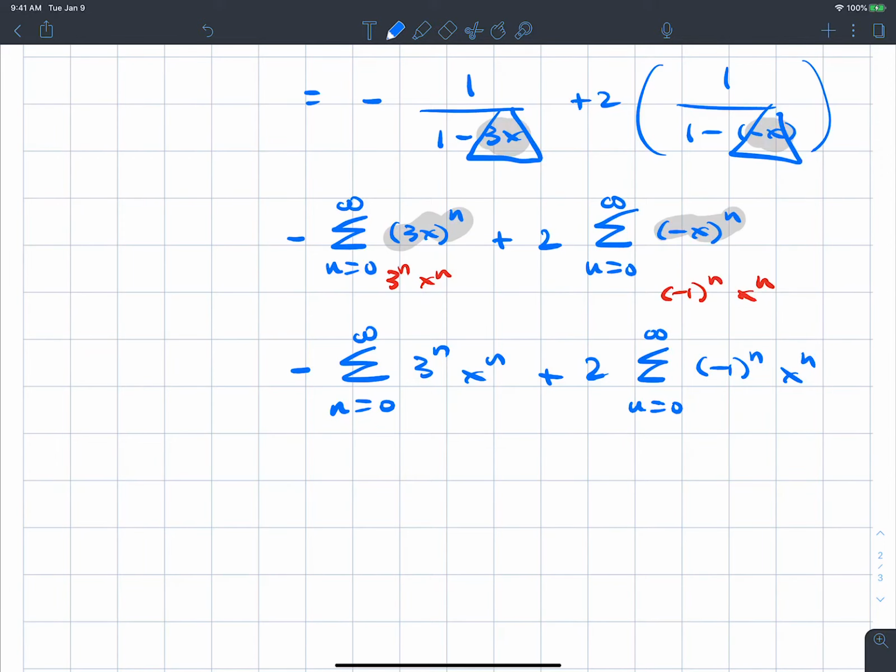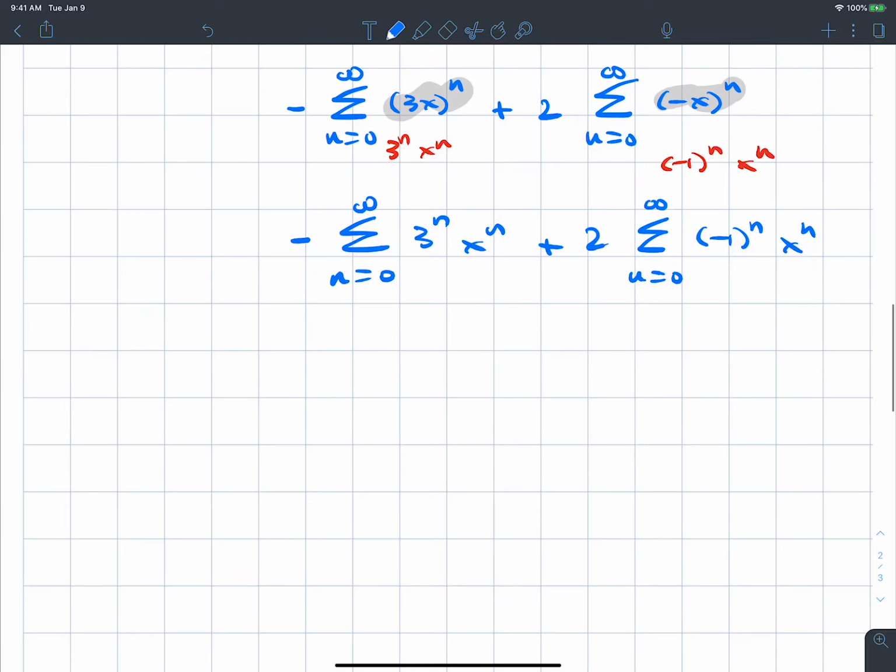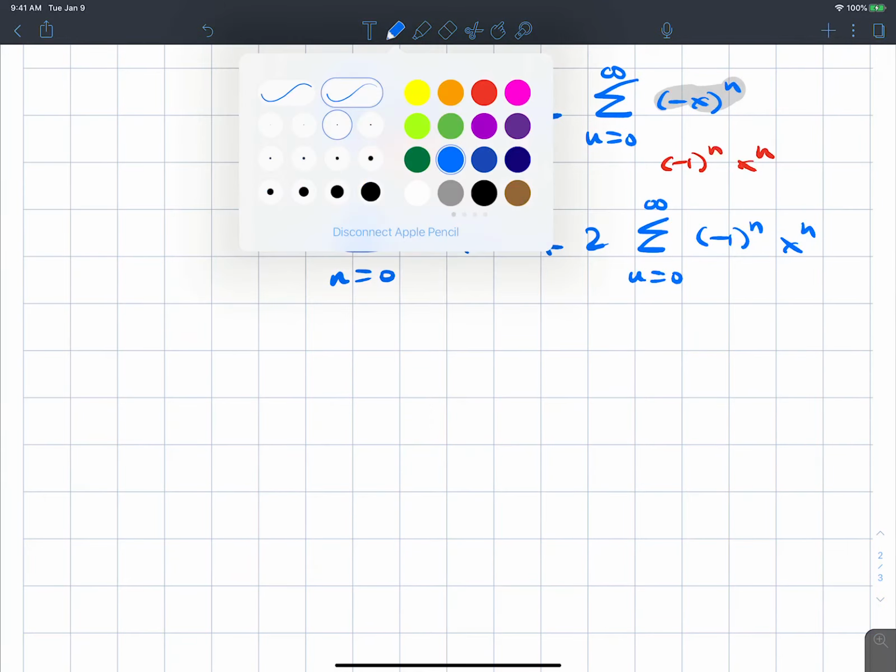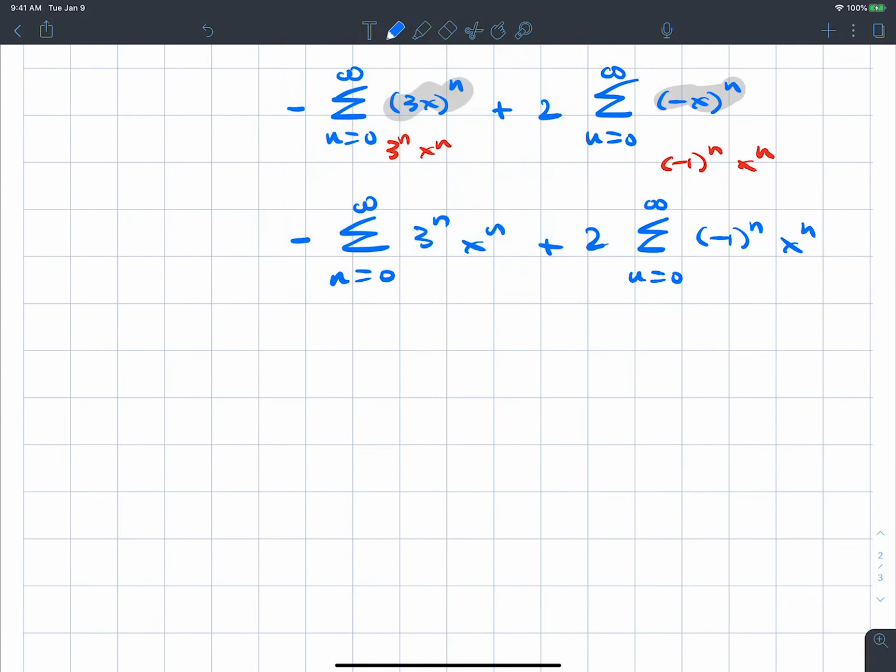Okay. Now, all we're going to do is use properties of summation. And I'm going to rewrite this as the positive 2. I'm going to rewrite these terms. You guys are going to see what I want to do with this. So this is the summation of 2(-1)^n x^n, n is 0 to infinity, minus the summation of 3^n x^n, where n is 0 to infinity.